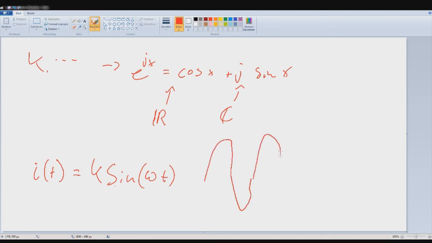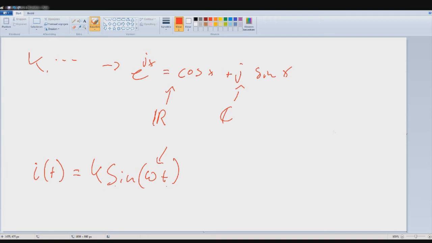I'm not very good at drawing sine functions, but of course this is an oscillation. This is an oscillator circuit, and oscillations, they're basically resonant circuits.